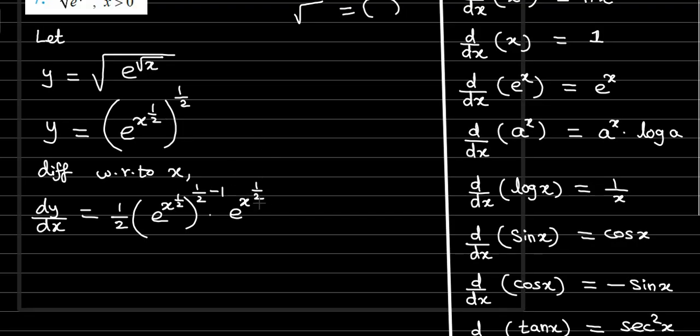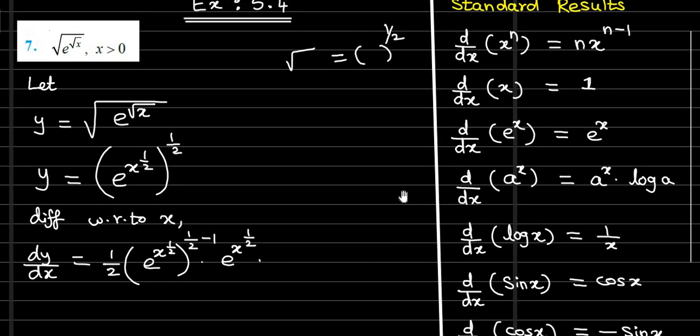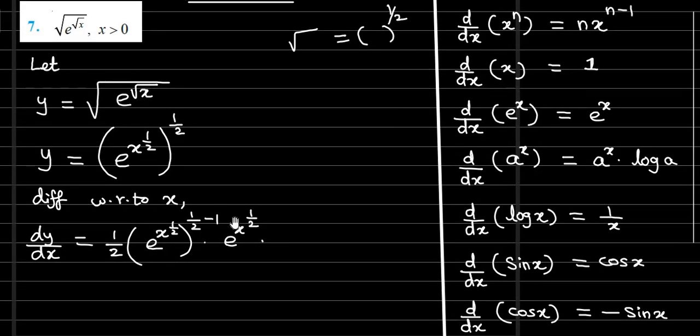I already told you that we have to write only in product form. Now x power 1 by 2 differentiation we have to do, using the x power n formula: bring the power as a coefficient, then reduce 1 from the power. Then x differentiation with respect to x is dx by dx, which is 1. With 1, if you multiply anything, it is the same thing, so no need to mention it.